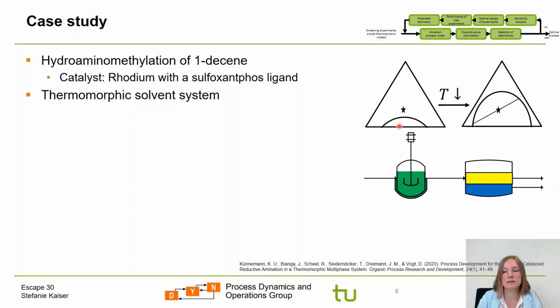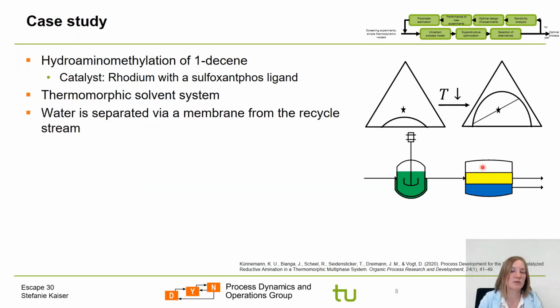And we get a homogeneous mixture at the reaction temperature. And then at a lower temperature, a miscibility gap forms, so we can separate the polar phase from the non-polar phase. It is used in this case because it enables us to recycle the expensive catalyst, which will dissolve in the polar phase and can then be separated from the product, which will be in the unpolar phase.